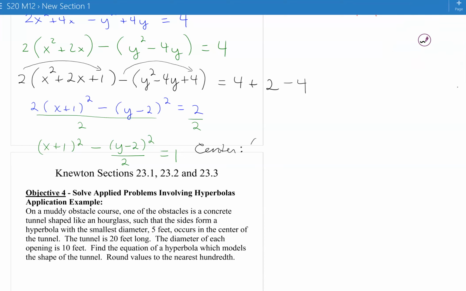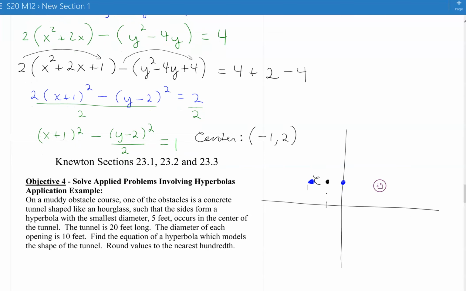Under the x term, I see nothing, so there's an invisible 1. So I go plus 1 and minus 1 from the center. Then under the y, I see a 2. So I'm going to go plus or minus root 2 in the y direction, which is about 1.4. So here is square root of 2.